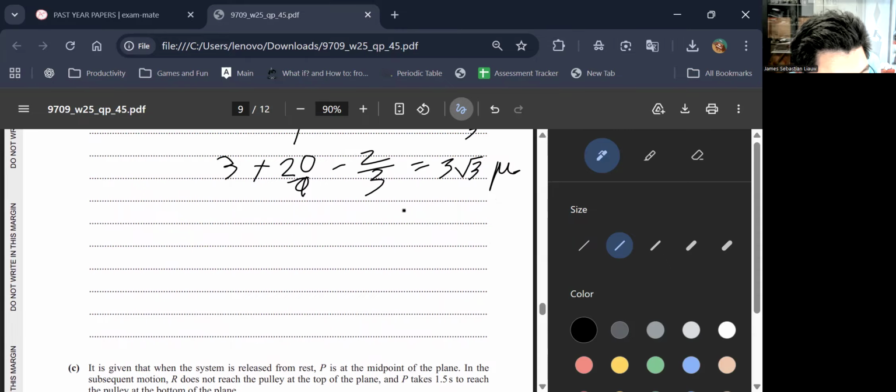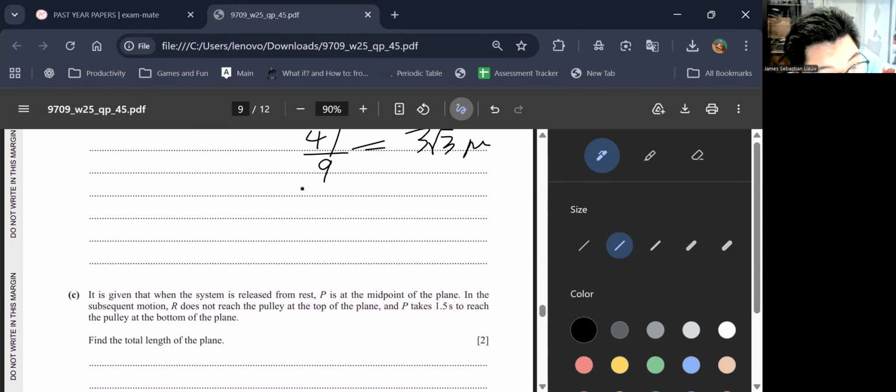This side of the equation would evaluate to 41 over 9, equal to 3 square root 3 mu. So we divide this entire thing over, giving mu.